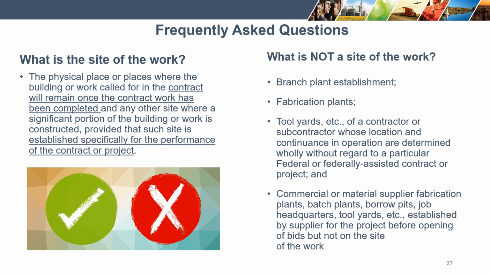Did it exist prior to the construction project, and will it exist after? Then it is not considered to be a site of the work. Commercial or material supplier fabrication plants, batch plants, borrow pits, job headquarters, tool yards, etc., established by the supplier for the project before opening of bids, but not on the site of the work.